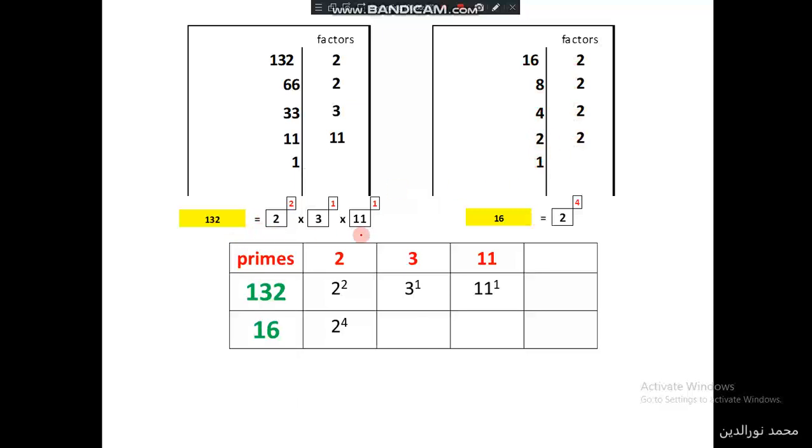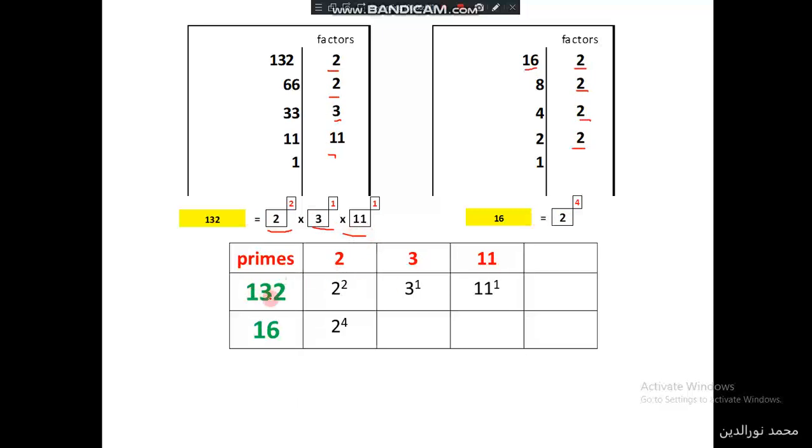And then we write them in this form. 132 equals 2 squared times 3 times 11. 16 equals 2 times 2 times 2 times 2, which is 2 to the power 4. In the table we put the primes. We have 2, 3, and 11.